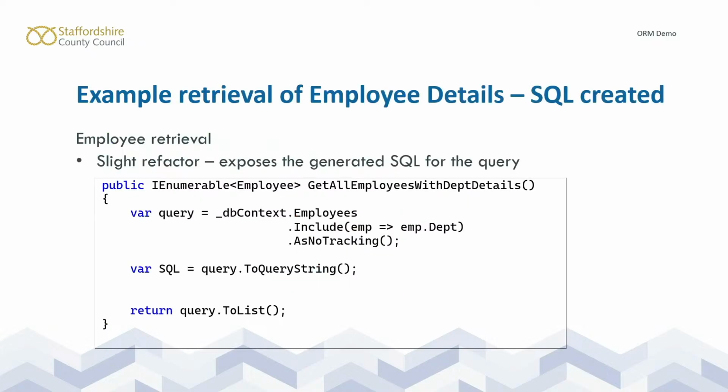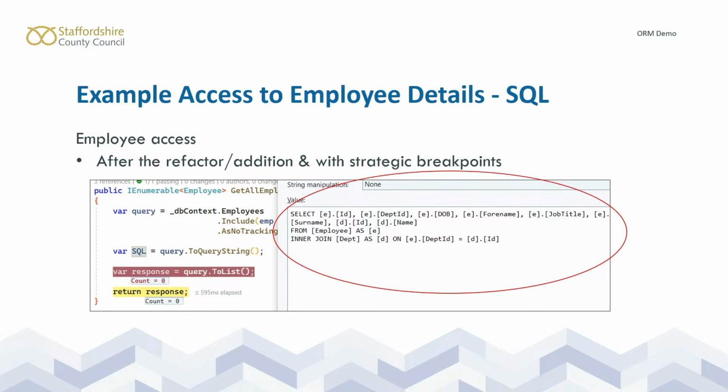So what have we got here? If you want to know what SQL is being generated, you can actually intercept it by using ToQueryString to put the SQL into a string like that, and by putting a breakpoint in there, you can see what's being automatically generated from that query.